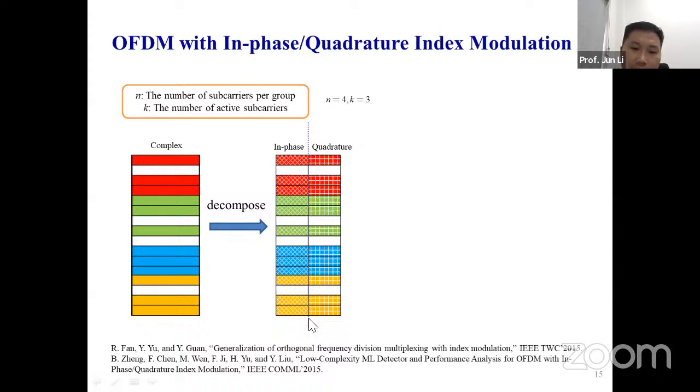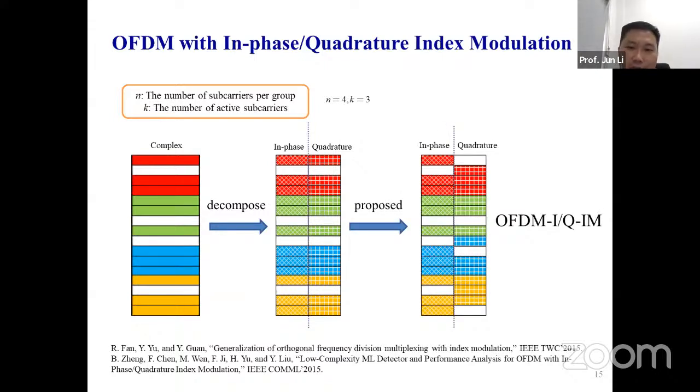From this figure, the real part and the imaginary part of the transmitted symbol will be split, and then the real part will select its own subcarrier pattern for the active subcarriers, and the imaginary part will select another subcarrier pattern, similar to the QSM scheme.